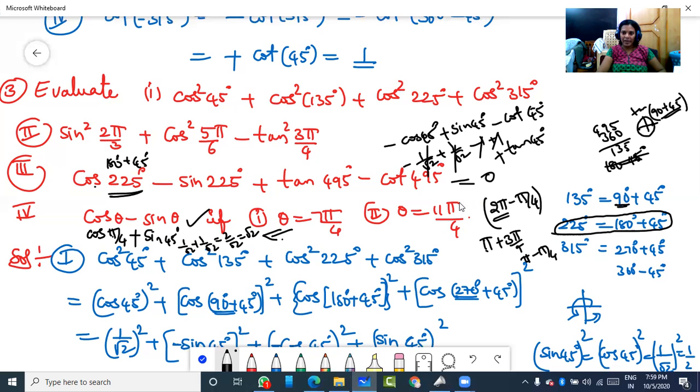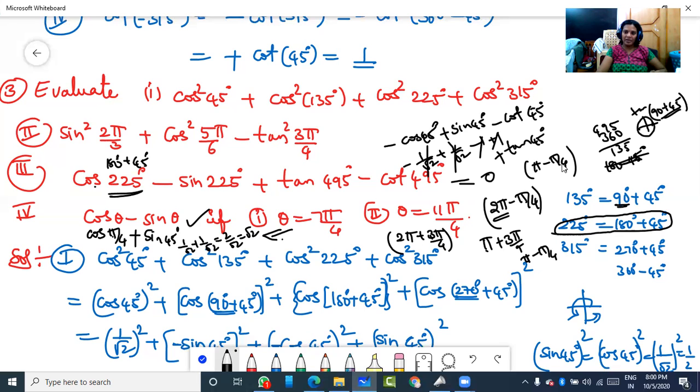Again here 11 pi by 4. 11 pi by 4 means 4 threes are 12, so you can write 2 pi plus 3 pi by 4. 4 twos are 8, 8 plus 3 is 11. 2 pi plus 3 pi by 4 means cos 3 pi by 4. Again 3 pi by 4 can be written as pi minus pi by 4. Cos 3 pi by 4 means cos of pi minus pi by 4.